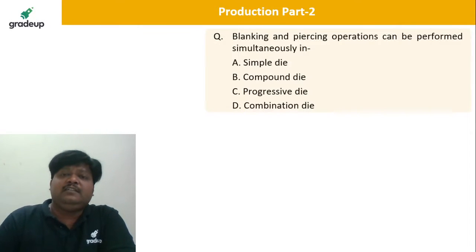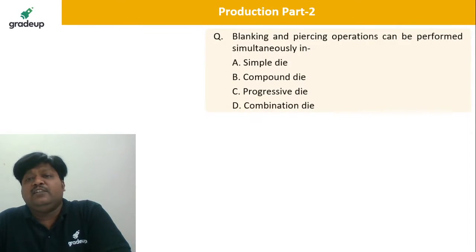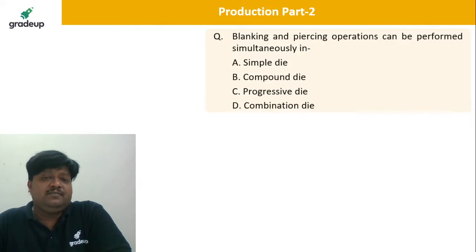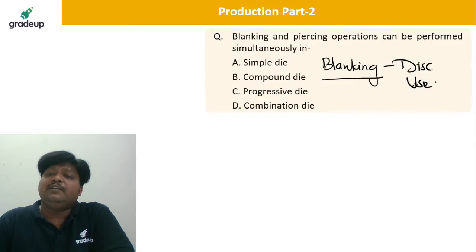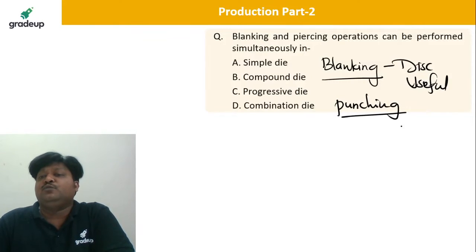Take the next question. Blanking and piercing operations can be performed simultaneously. Blanking is when the produced blank or disc is useful, you know this concept very well. And punching or piercing is when the produced hole is useful to you.